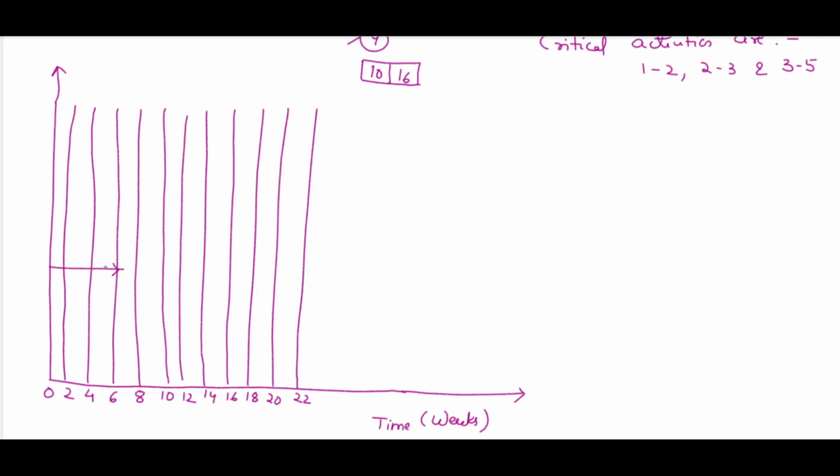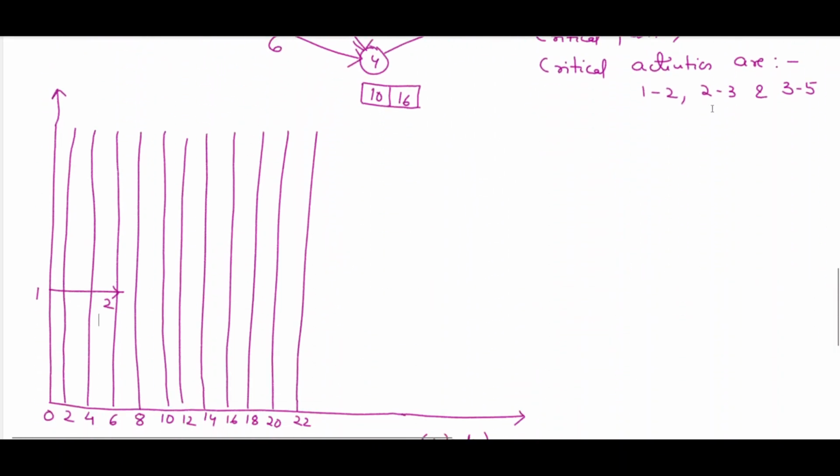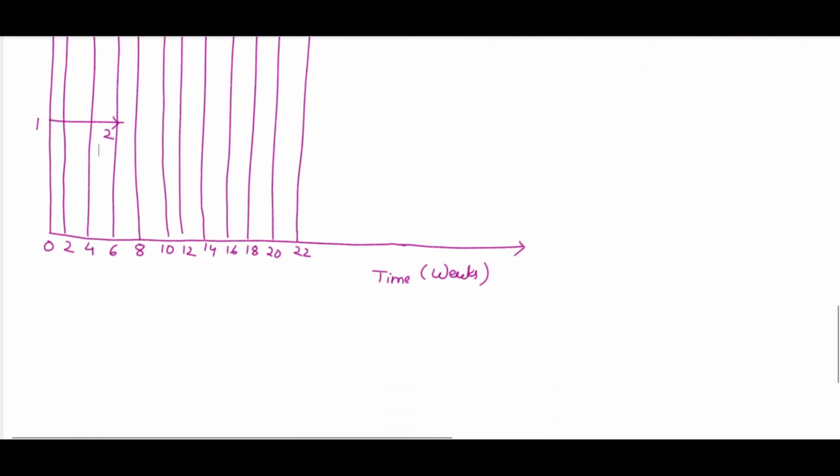No need to mention 6 weeks. Now we will substitute the manpower. We can see in the question for activity 1 2 how many manpower are required. It is 8. So we'll just put 8 over that. So this 8 is the manpower requirement for activity 1 2.